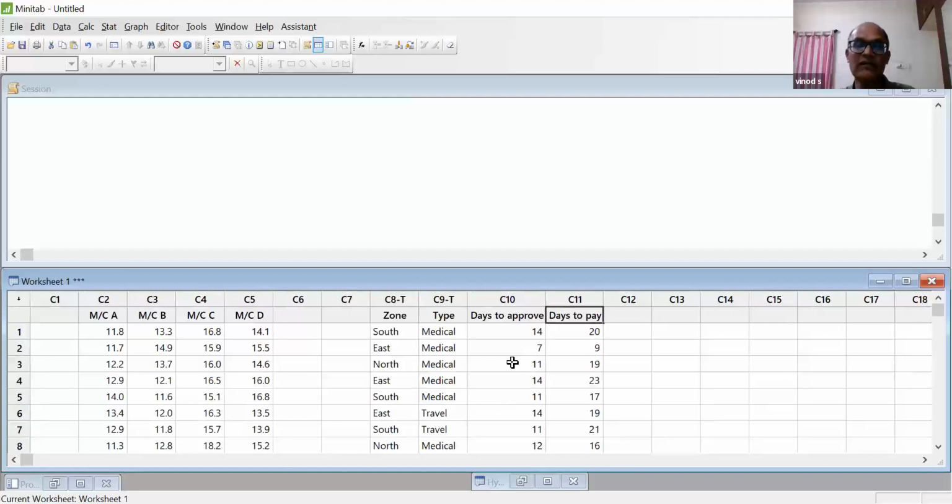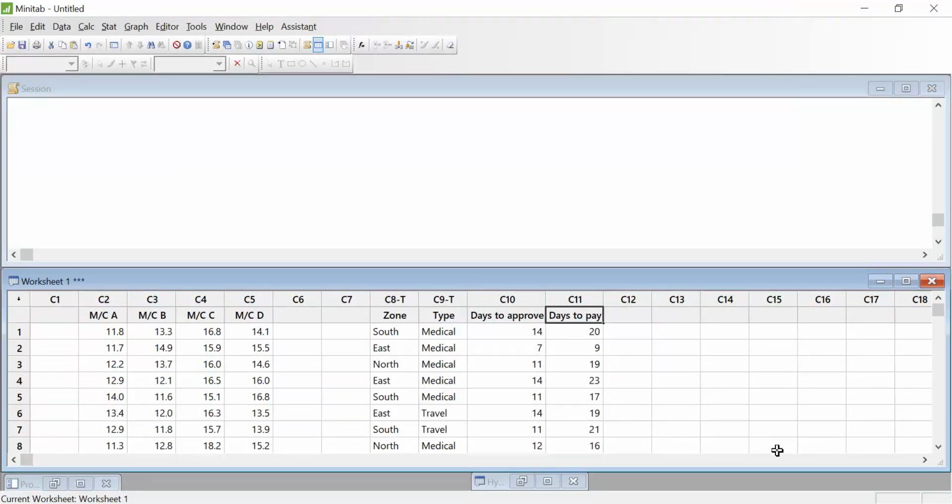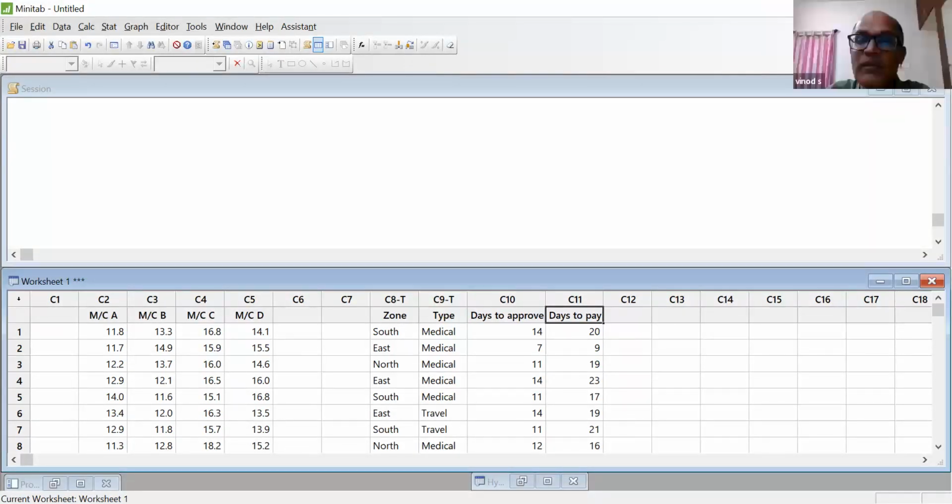Is the background clear, everyone? It's just a simple office document that we generally handle in our office, so there is nothing special in this.